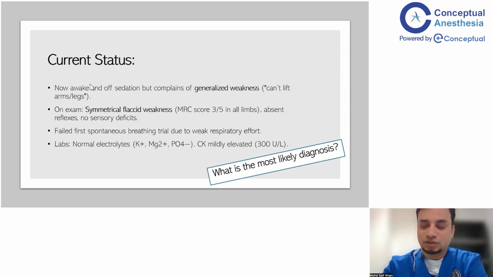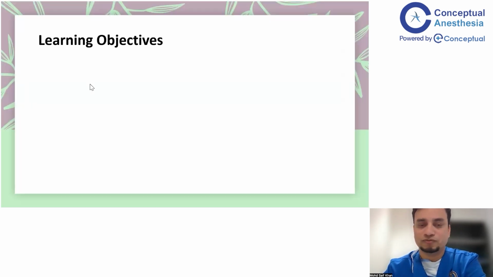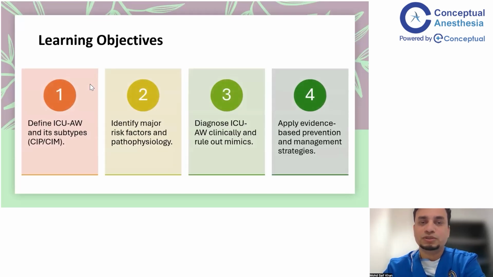So we should know the differential diagnosis, how to detect ICU-acquired weakness, the risk factors, and the pathophysiology. All these are going to be our learning objectives for this session today. We need to define it, identify major risk factors, and know the pathophysiology.